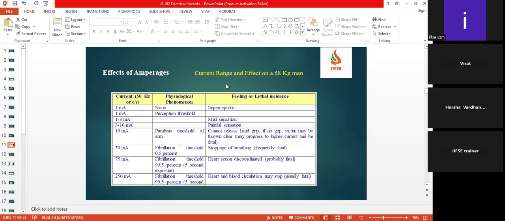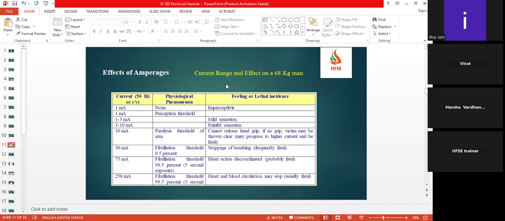When we become a part of that 10 milliampere circuit, you can't release your hand grip. Then 30 milliamperes, fibrillation threshold, then you stop breathing, most frequently fatal.